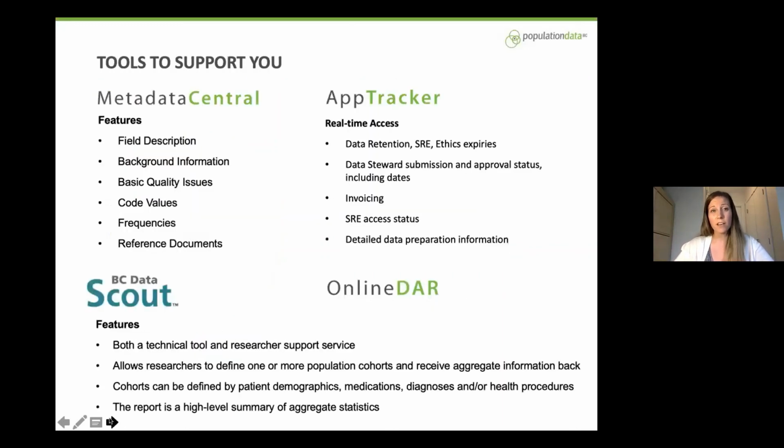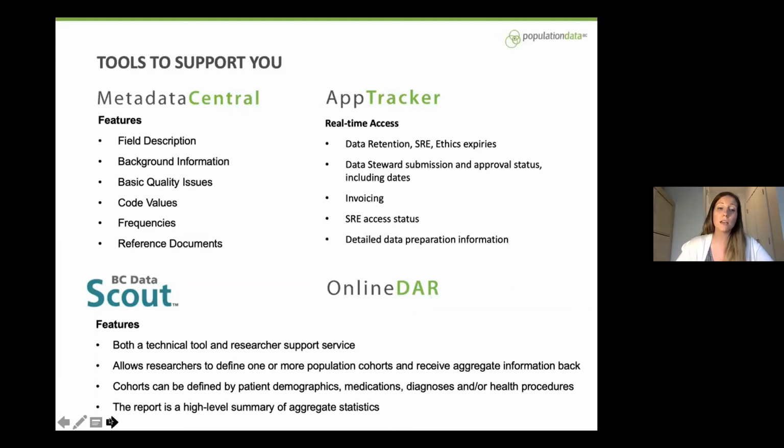So we have various other tools that you can use on the PopData website. So App Tracker is actually all the project truth for your project. So data retention, ethics, all your pre-publication reviews go through that. And I just wanted to touch upon briefly Metadata Central and BC Data Scout. These are tools you can find on the PopData website, and it's able to give you a little bit of information about variables that we hold, their quality, how much frequency we have for that, when they got introduced into data sets.